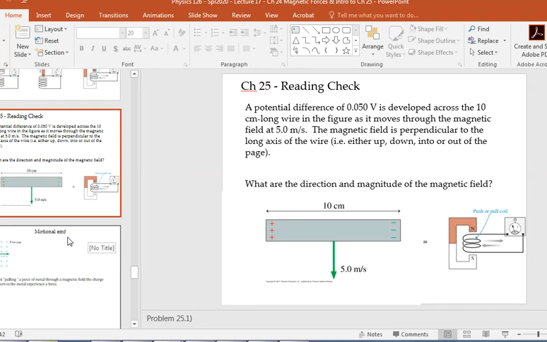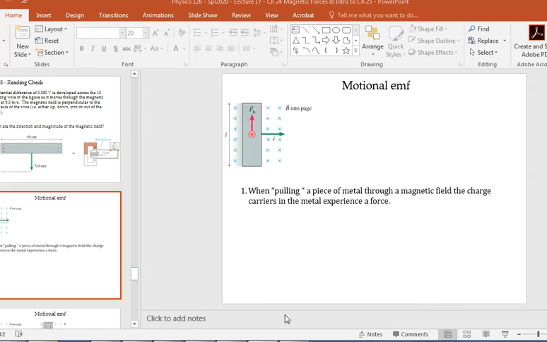So in this case, we have some changes in the magnetic field that's associated with this wire that's moving through the magnetic field. And we can consider the effect that that change in magnetic field will actually have to make a difference in voltage across the wire.